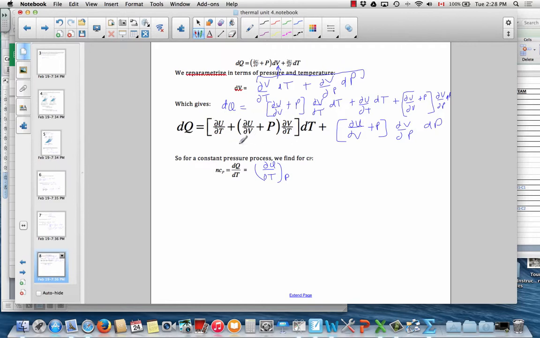Remember, by the chain rule, this should be partial q with respect to t dt, and this should be partial q with respect to p times dp. So using the inverse multivariate chain rule, we say, aha, this is the rate at which q changes with temperature at constant pressure. And that's exactly what nCp is. So we arrive at this result.